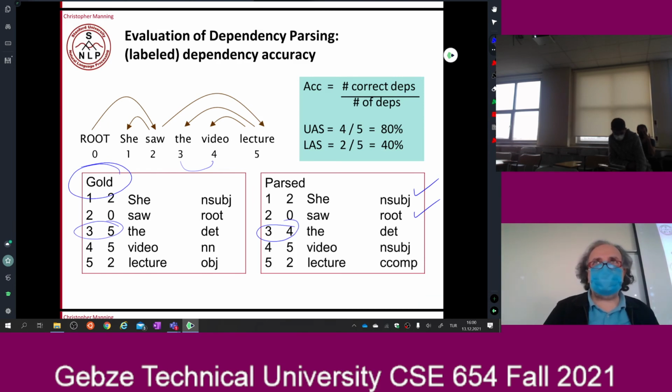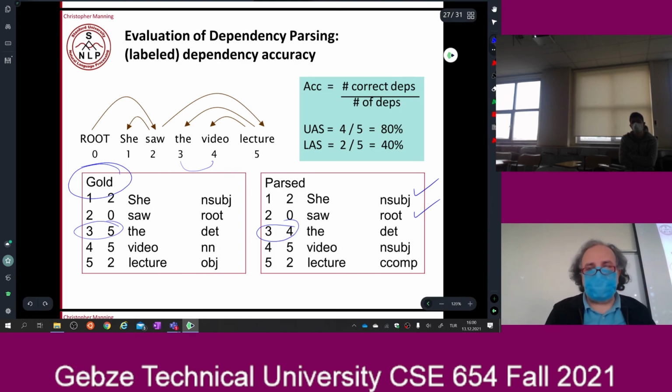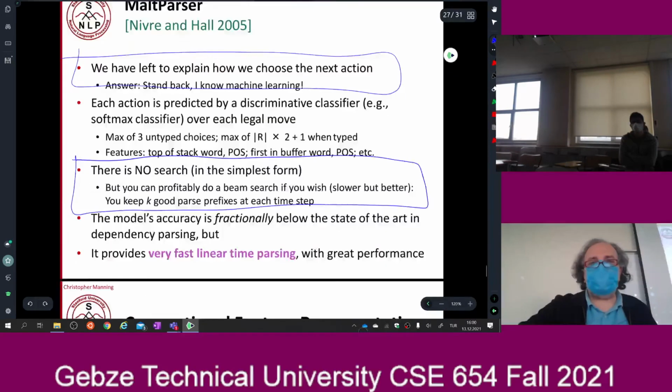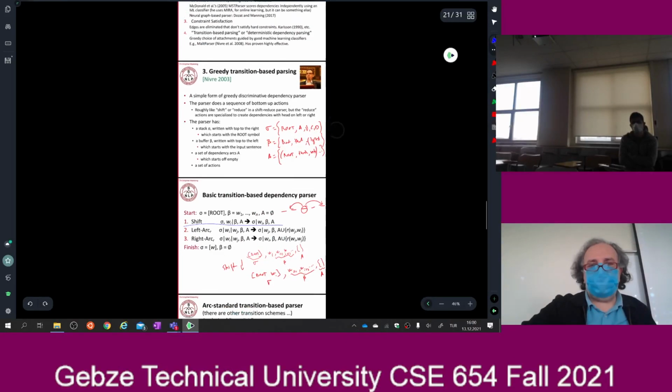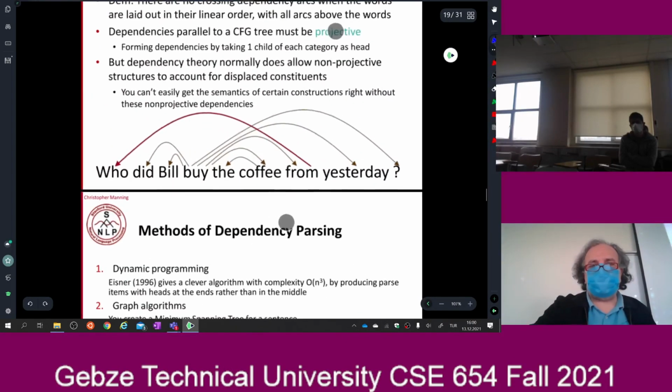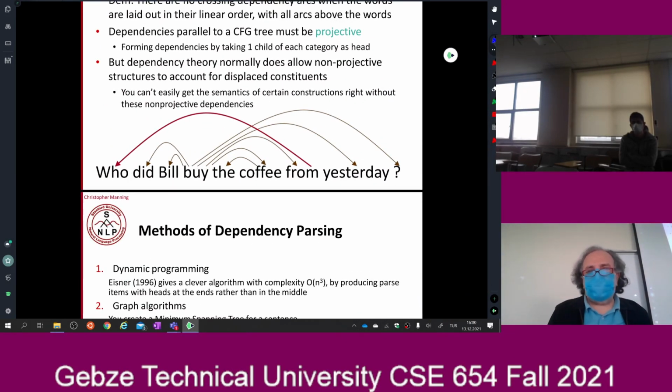And once it is reduced, it doesn't come back. So it cannot handle the non-projective cases. But sometimes we have to handle them, like this one. A very rare sentence, but it is valid. Who did Bill buy the coffee from yesterday?